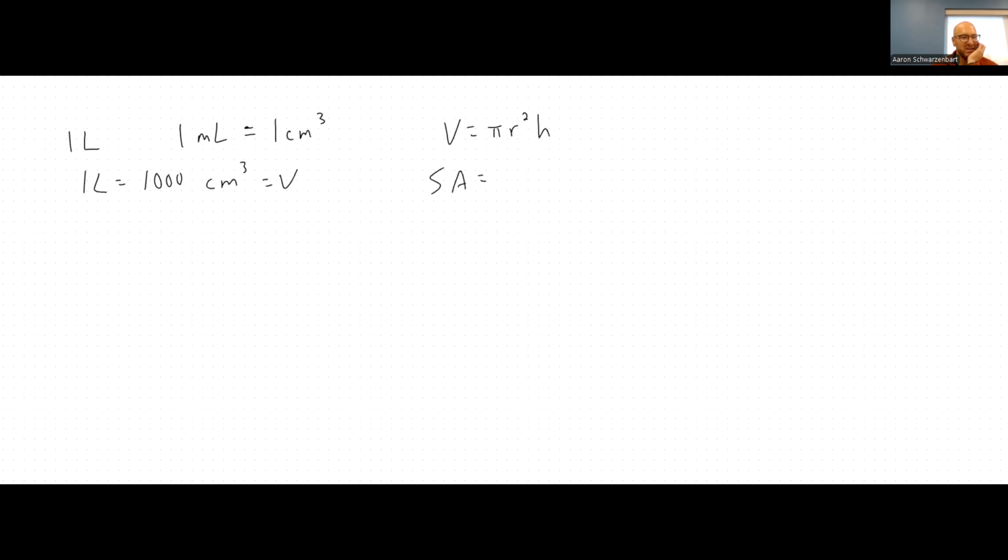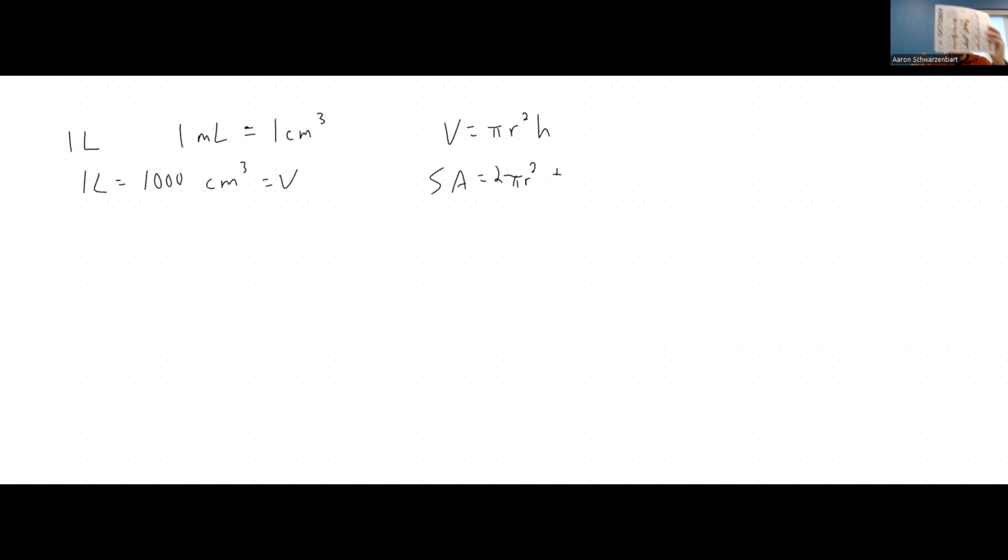A can has a top and bottom. What are the top and bottom? And it has a side. So this is a cylinder, right? When I unroll it, it becomes a rectangle. This is height.